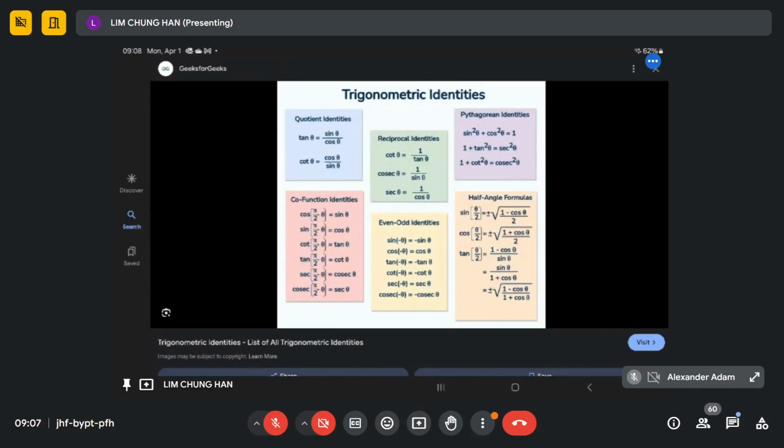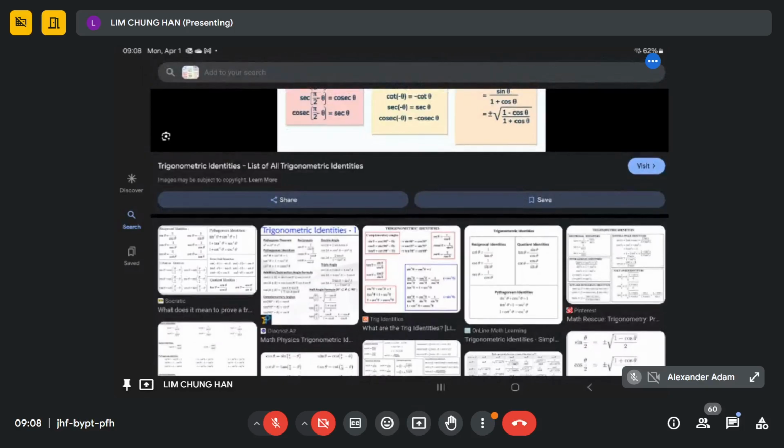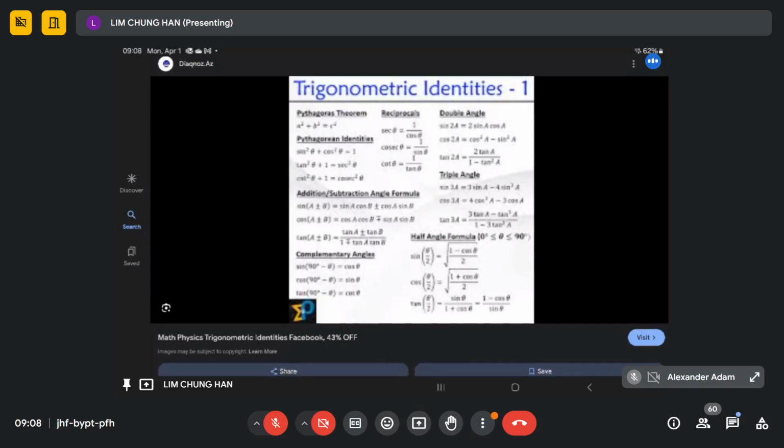Okay. This also doesn't have it. Wait. And this one doesn't want to load.